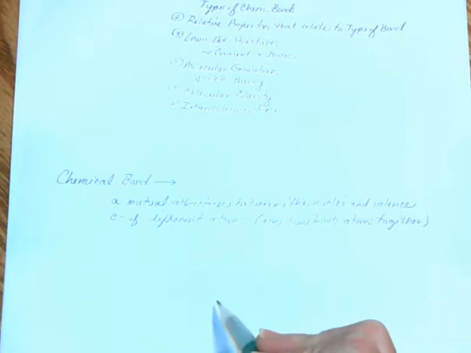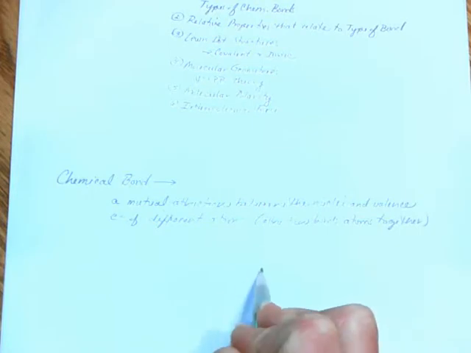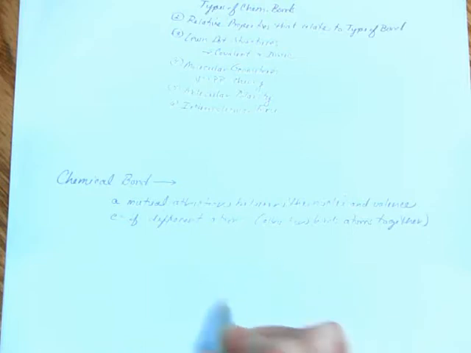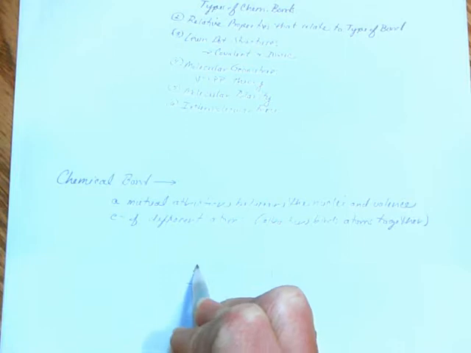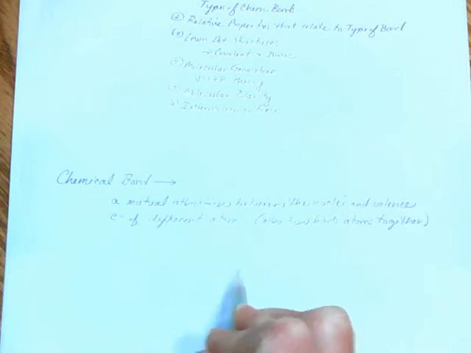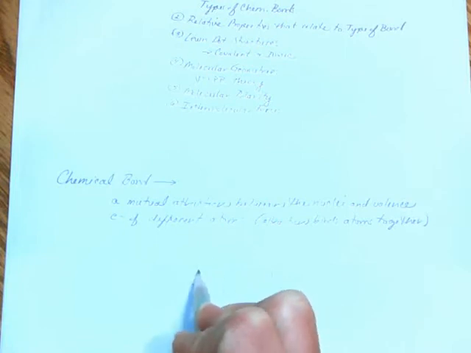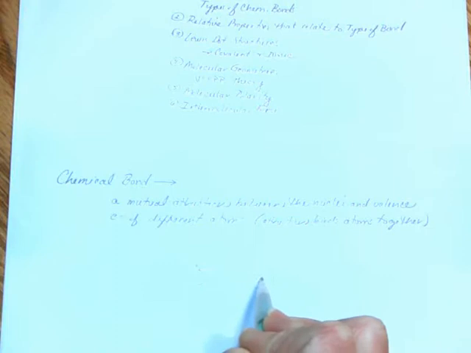Let's just say that it needs to gain some more to satisfy its octet. Well, when another atom comes along with its nucleus and electrons, this nucleus is not only pulling for its own electrons, but it also will start to pull for the neighboring electrons, and vice versa.